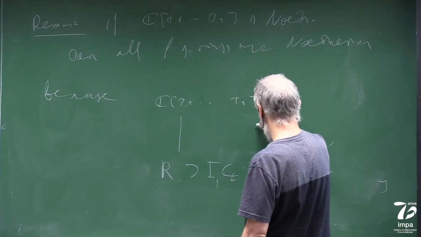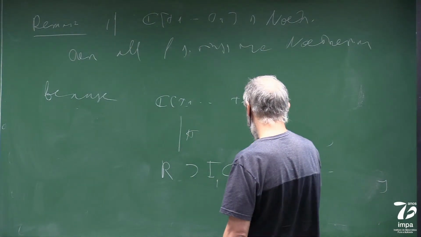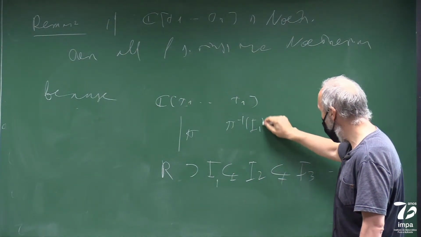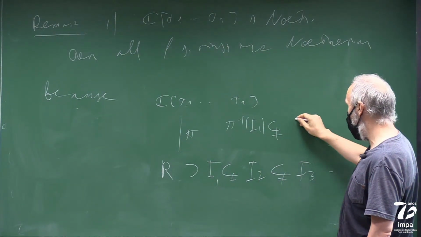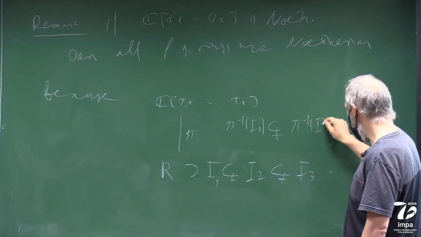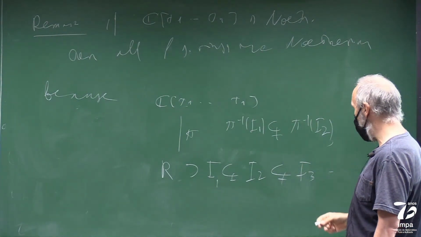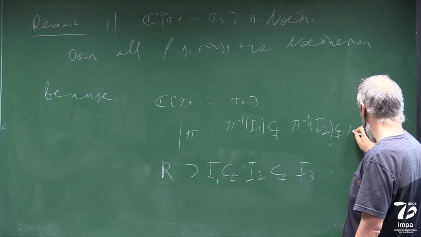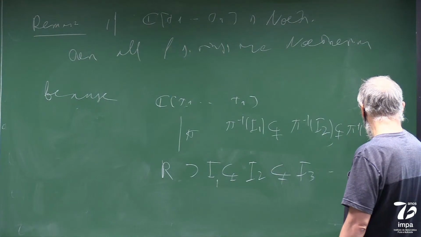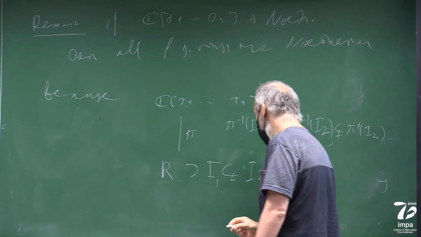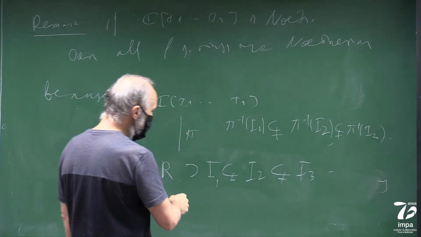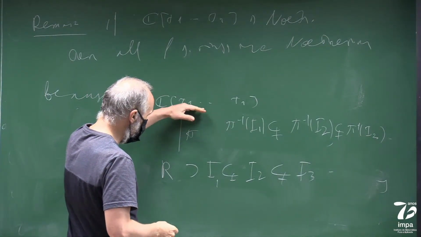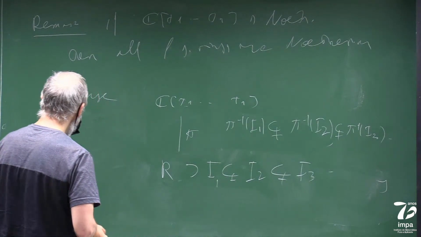Then you can take preimages of these ideals under pi. Pi minus 1 of I1 would be strictly embedded in pi minus 1 of I2, because the preimage of an ideal is an ideal and pi is surjective, then pi minus 1 of I3, and so on. So if you have an increasing chain of ideals in R, you would have an increasing chain of ideals in the polynomial ring, which is impossible.